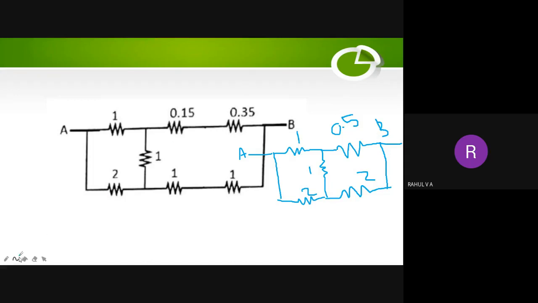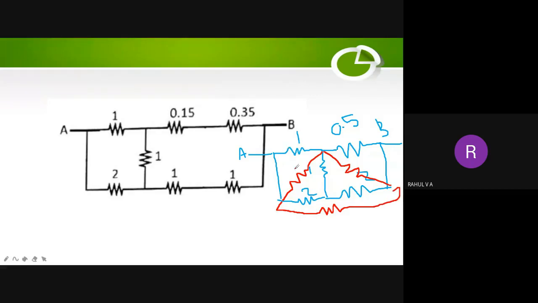Or let me check it. If I convert this star to delta, I will get a new diagram like this.